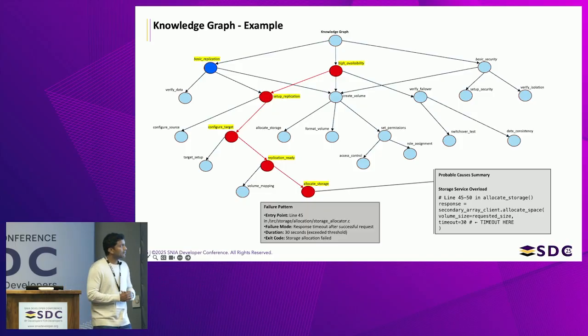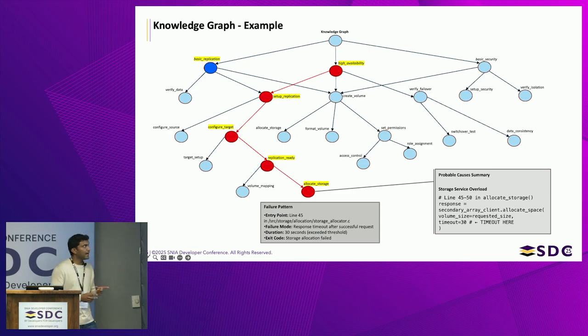In this knowledge graph, you can also see that the highlighted nodes indicate the failure path. Another node, marked purple, the basic replication in this example, is also impacted because there was a shared node that was used in the failed path.